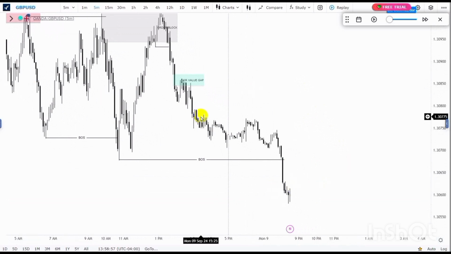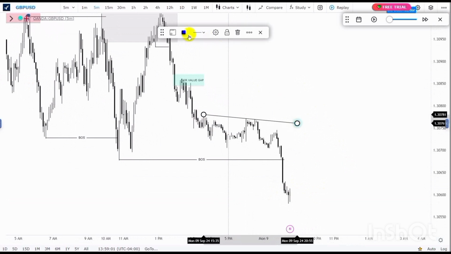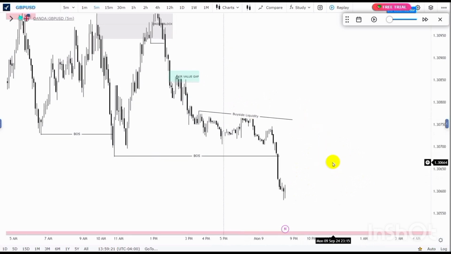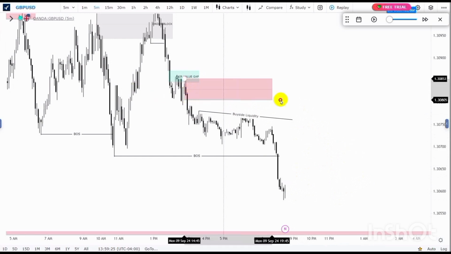Because what we can identify, we have this buy side liquidity resting above. So if you're going to have further push of price to the downside, we're expecting to see how price would return and clear this buy side liquidity, and then we have further push to the downside. So meaning our expectation is to possibly have an entry at this order block.